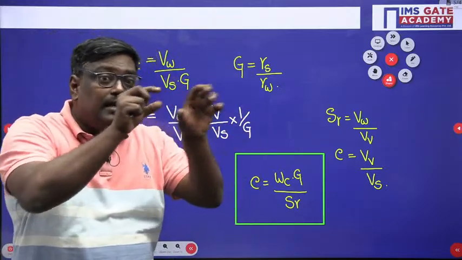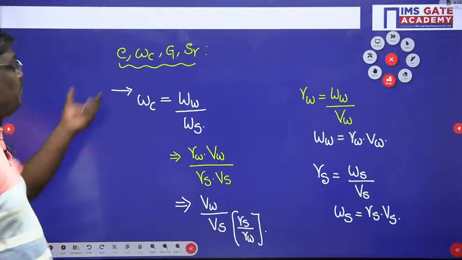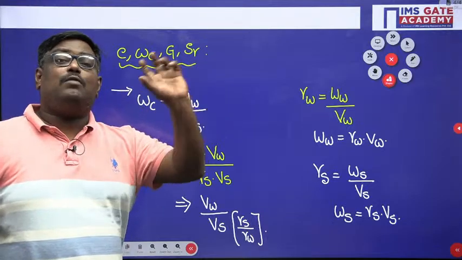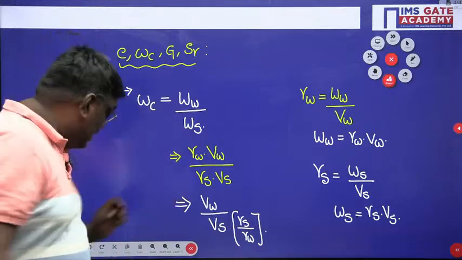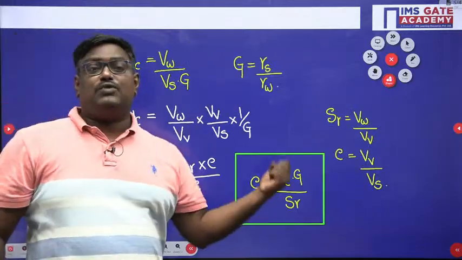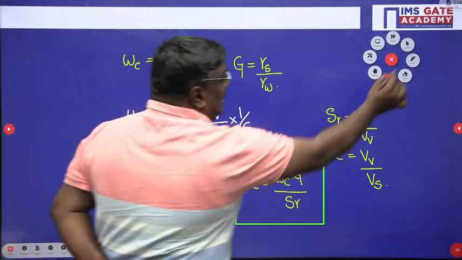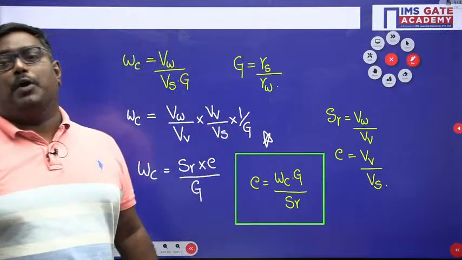Then based on the terms, you can understand. Suppose here, immediately I put the heading EWGSR. If there are terms like void ratio, water content, specific gravity and degree of saturation, immediately you will remember this formula. And remember again, this is one of the important formulas and every formula in this chapter is very important. Okay.